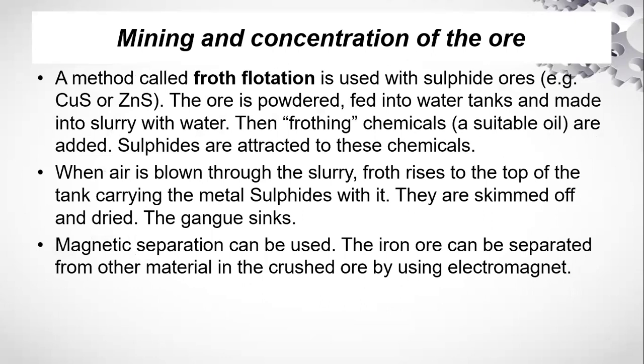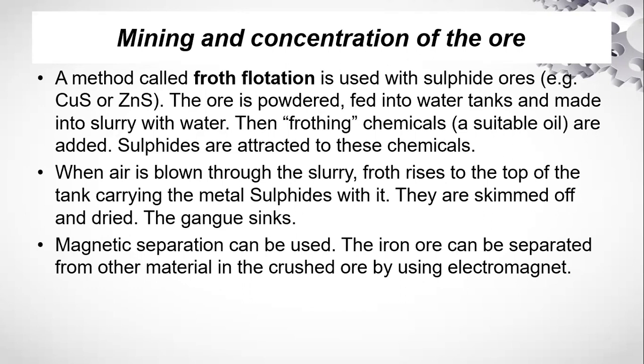Now, a method called flotation is used with the sulfide ores. Take an example, copper sulfide and zinc sulfide. The ore is powdered, then fed into water tanks and made into slurry with the water.